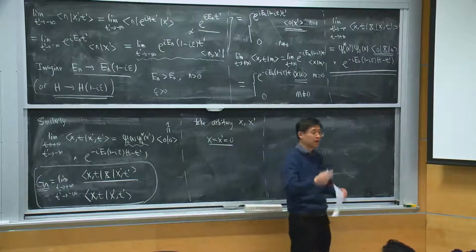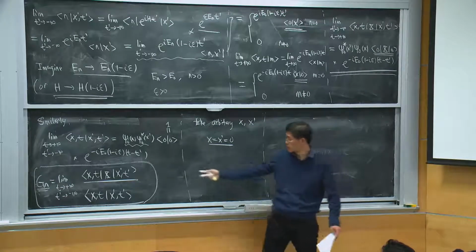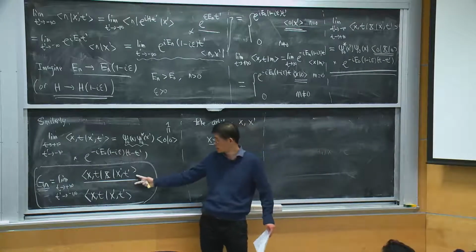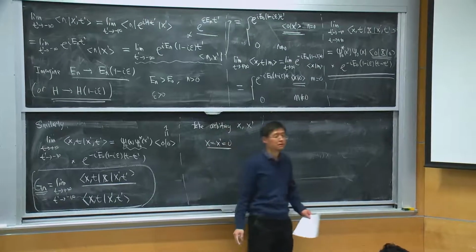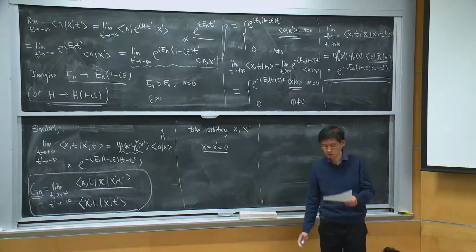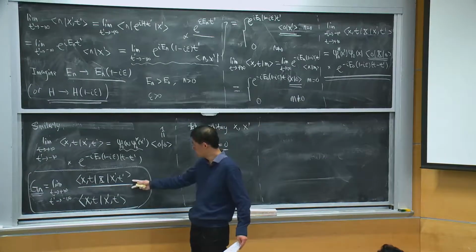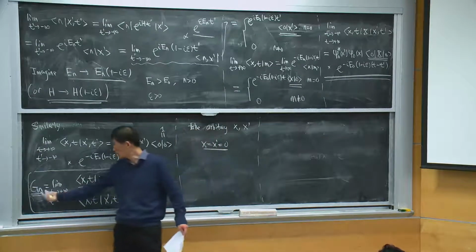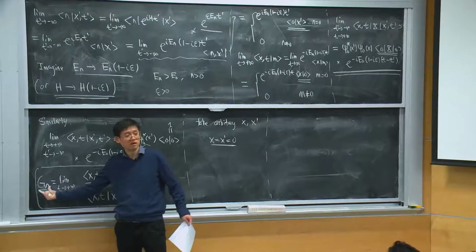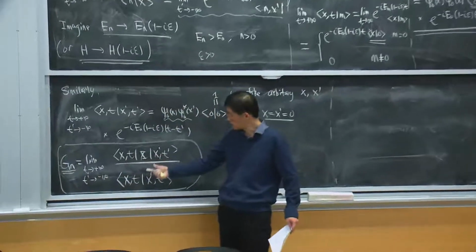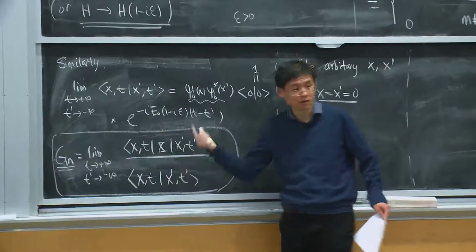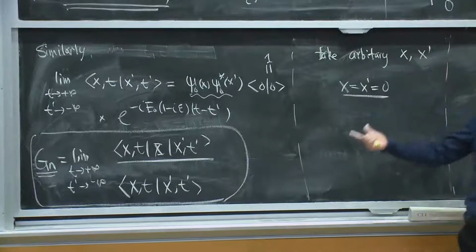So in the end, this right-hand side does not depend on x and x prime. Also, if this formula is to make any sense, the left-hand side does not depend on x and x prime, so the right-hand side must not depend on x and x prime. Otherwise, this formula is immediately wrong.